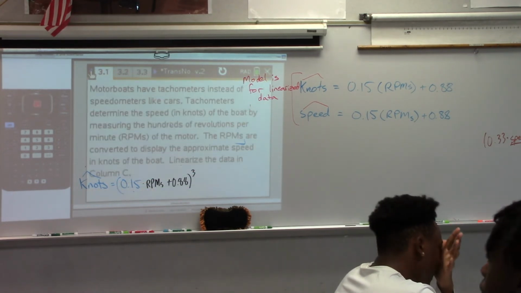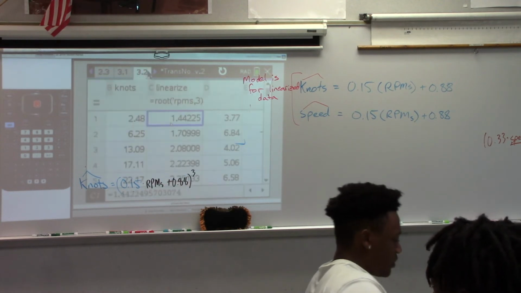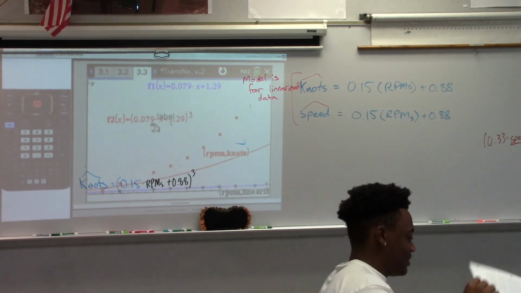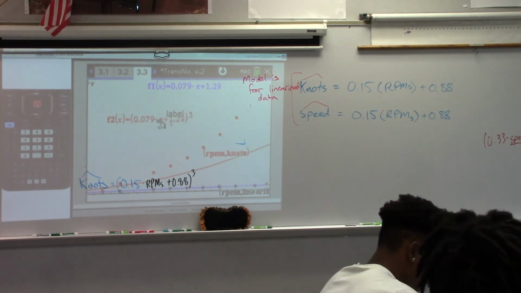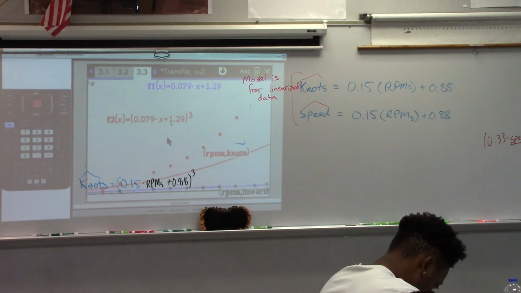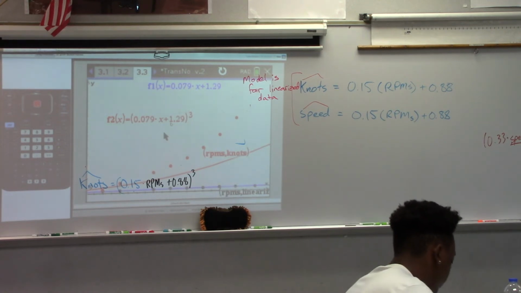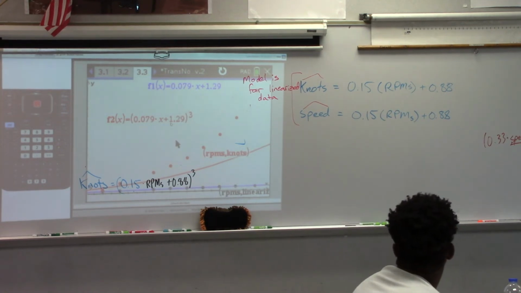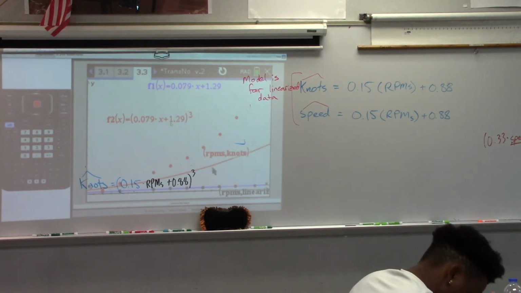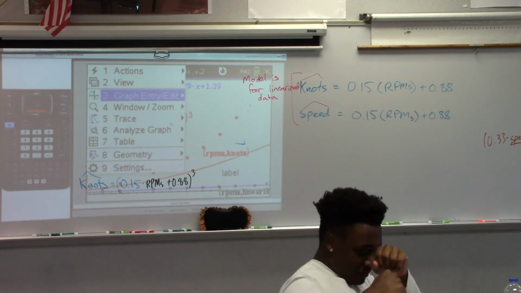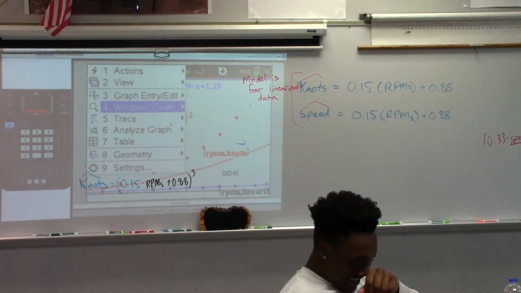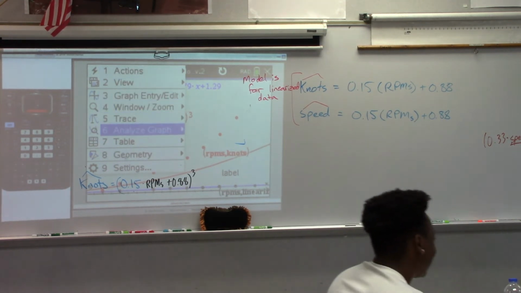We're not going to do this right now, but if I were you, I would take probably Caleb's model, take off the model for the original data, and focus on just the linearized one, and adjust that model for the linearized data, okay? Because there's something off with that. So instead of doing that though, I want us to focus here.